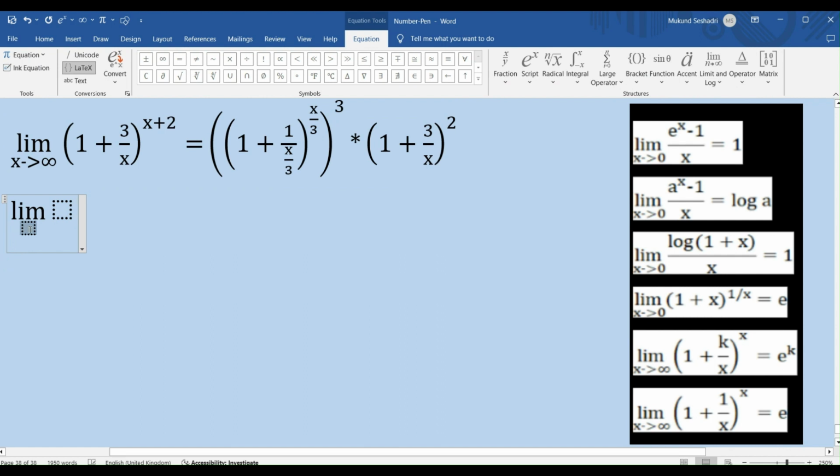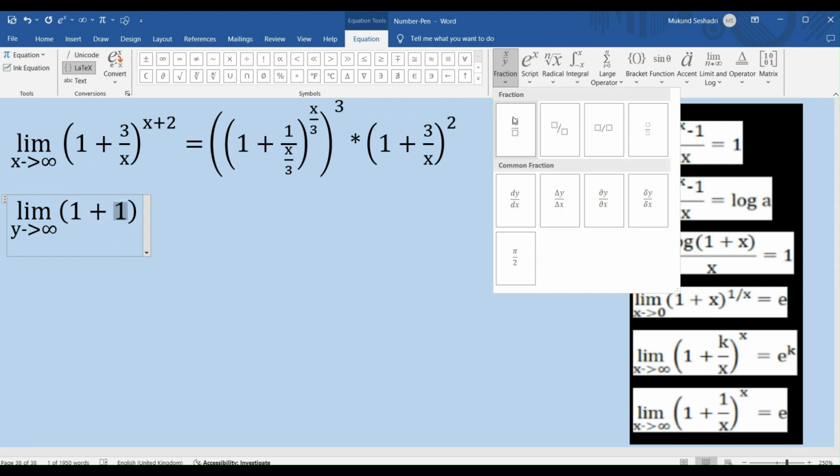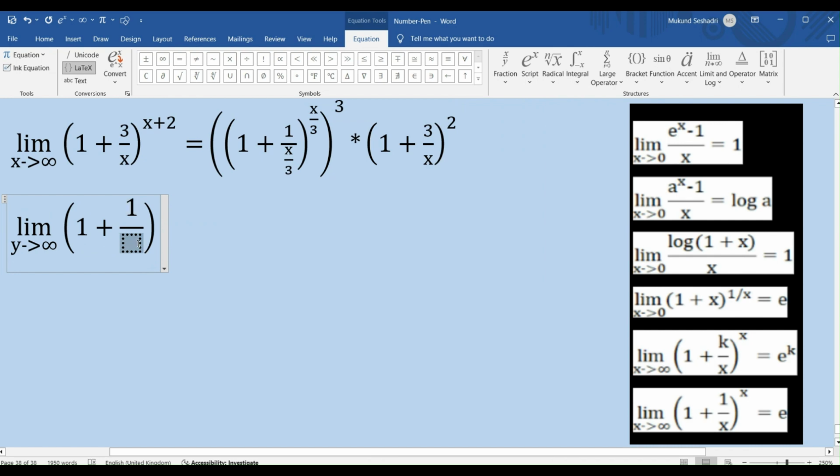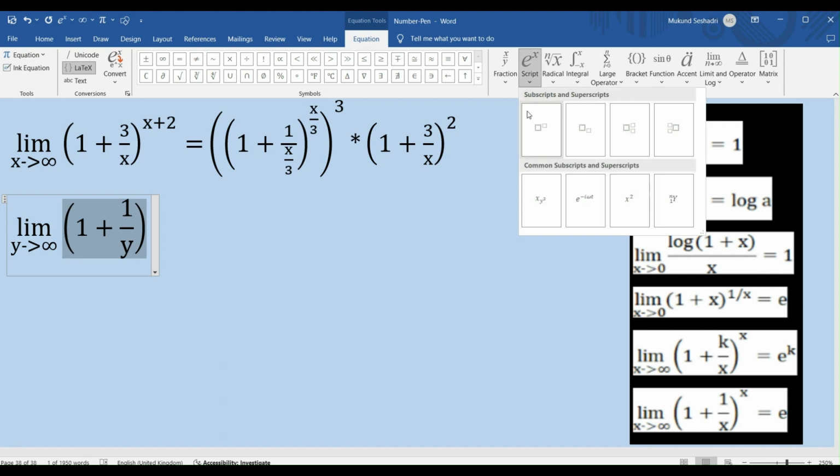So let's do that in the subsequent line. If I replace my x by 3 equals y, my y will also tend to infinity, right? And what is this part of the expression, which is nothing but (1 plus 1 divided by y) the whole power y.